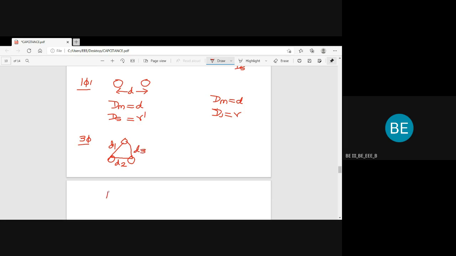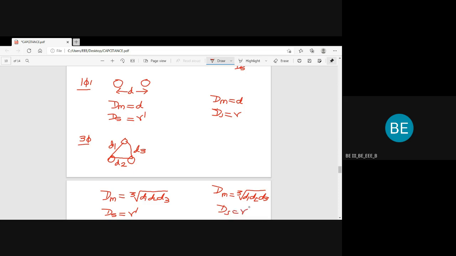Dm will be the cubic root of D1, D2, D3, and Ds will be equal to r dash. Similarly for capacitance, Dm will be the same cubic root of D1, D2, D3, and Ds will be equal to r.